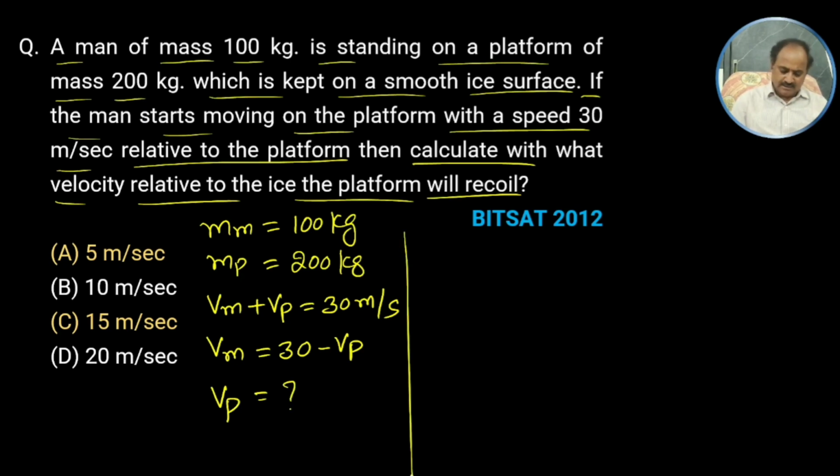For that, let us apply the law of conservation of linear momentum, that is mass of the man into velocity of the man equal to mass of the platform into velocity of the platform.